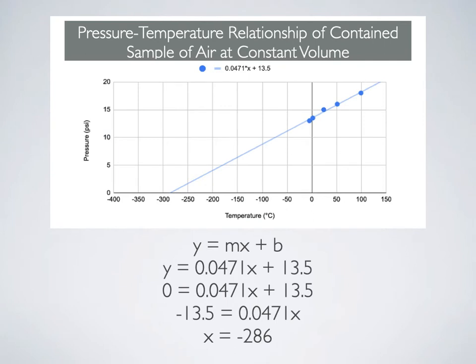So let's look at this in context. This might look familiar to you. This is a pressure-temperature relationship of a contained volume of gas, plotted on a graph here and then extrapolated to find the x-intercept.